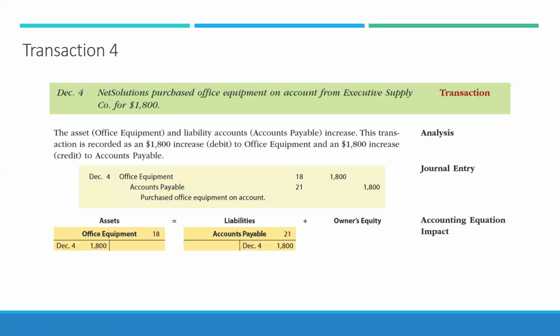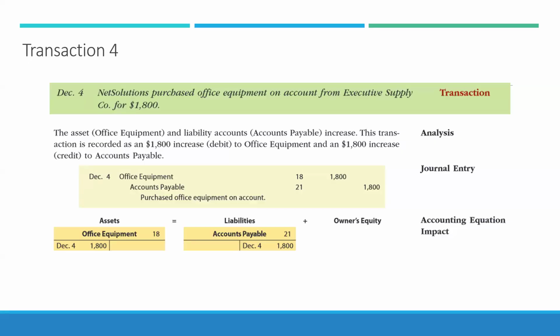We purchased office equipment on account for $1,800. Okay, guys, what happened to cash? Nothing. It's on account, right? It didn't say we purchased office equipment for cash. It said on account. I'm telling you these things to just make you go, oh yeah, we owe them.